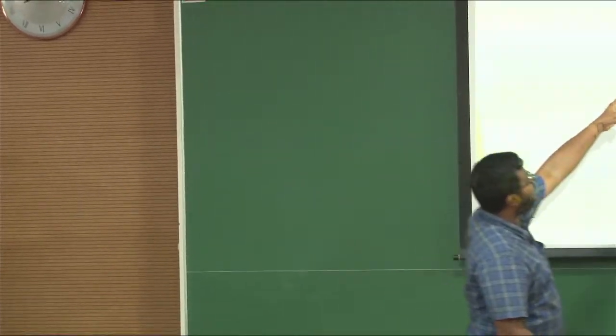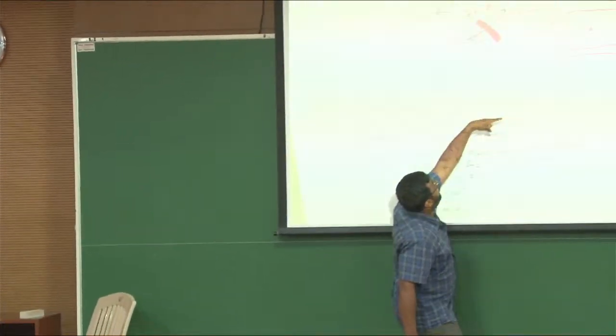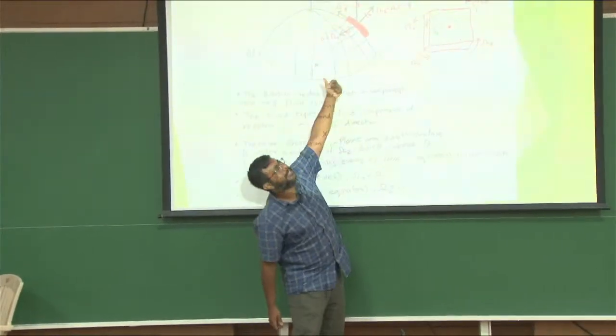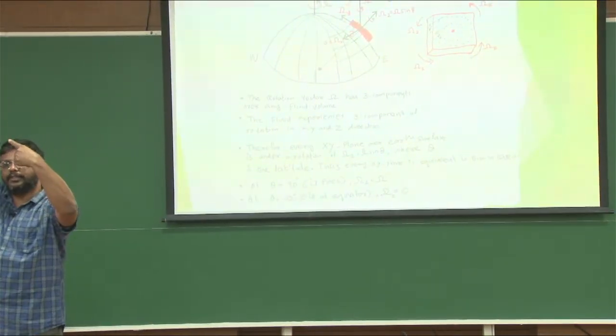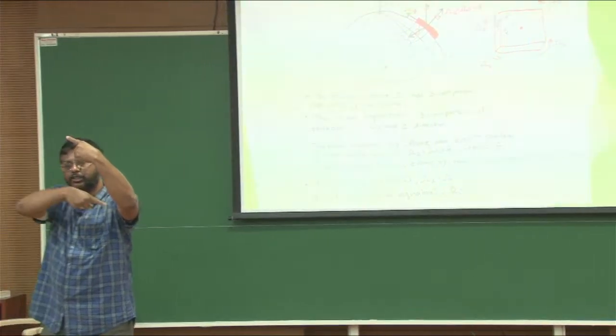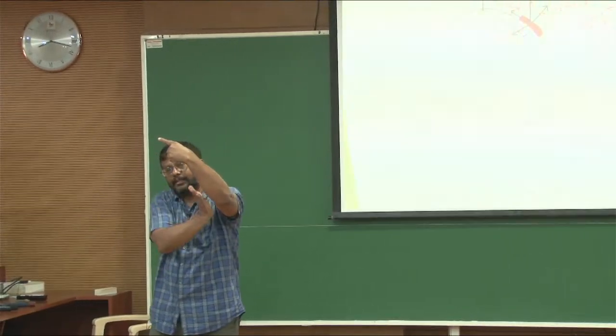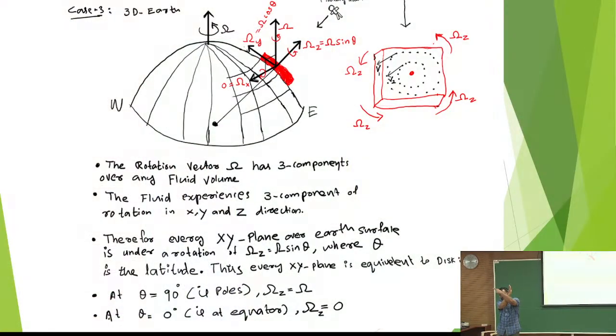One is omega x, along this, omega y along north, and omega z penetrating perpendicular to the surface. That omega will be omega sin theta, theta being the angle from the perpendicular, and this is a reduced omega, because sin theta reduces from 1 for any angle. So, reduced omega circulating in this manner.